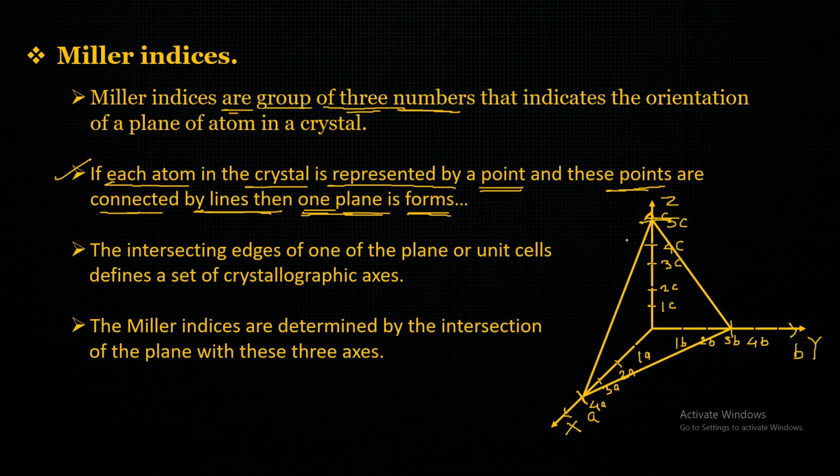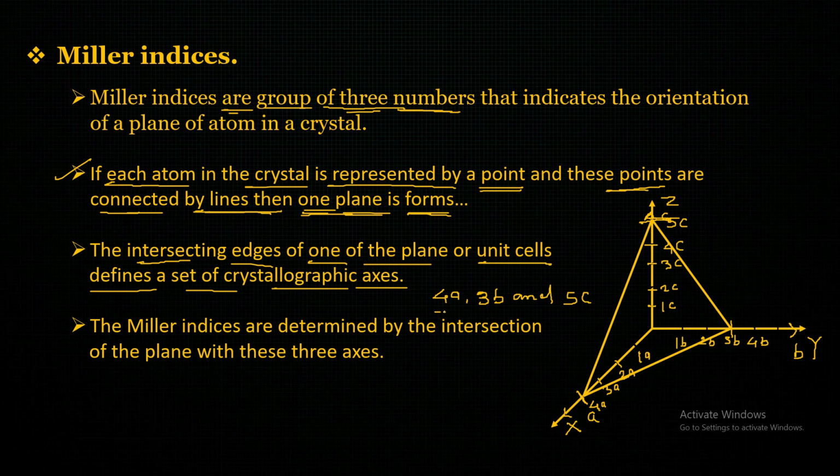Now see, the intersecting edges of the plane or unit cell define a set of crystallographic axes. It can be indicated by 4a, 3b, and 5c.